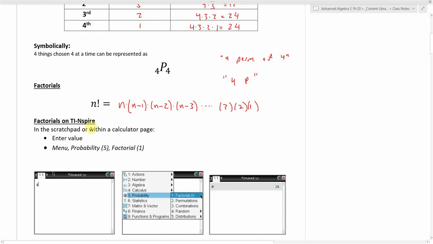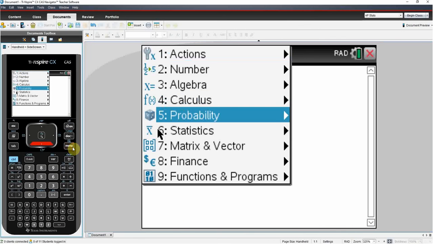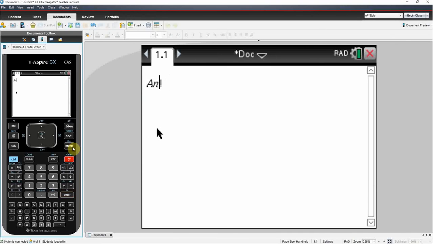You could do that in the TI Inspire, simply following these directions. I'll show you real quick. In the Inspire, it's under Menu, Probability, and right there at the top, Permutations, whatever your number is. So if we wanted to do 4 permutations, which is the one we just did, 4 times 3 times 2 times 1, we get 24. So Menu, Probability, Permutations.